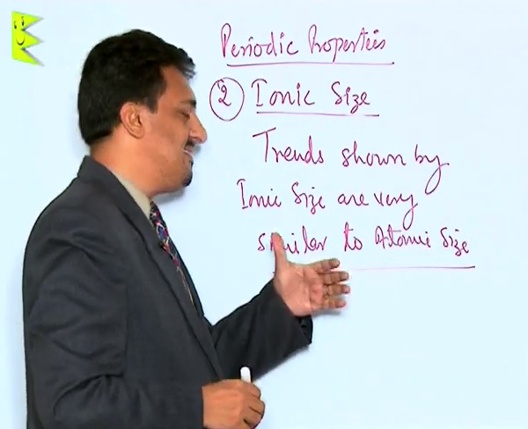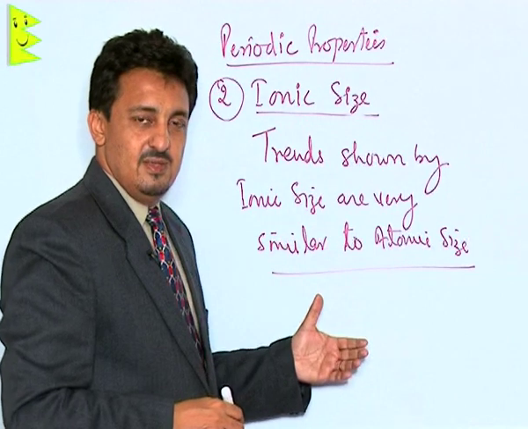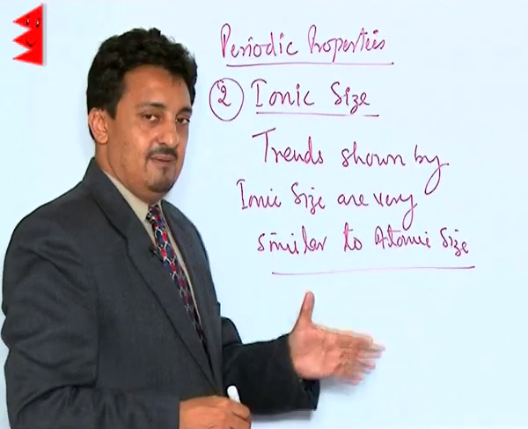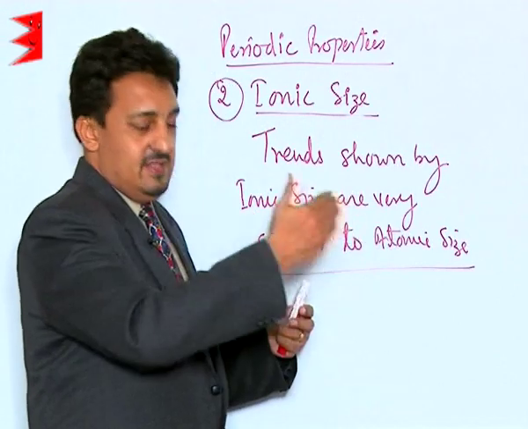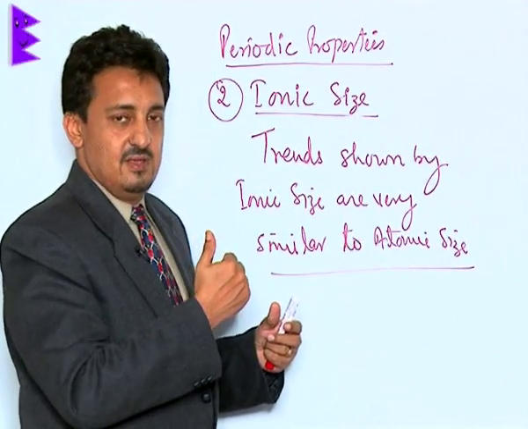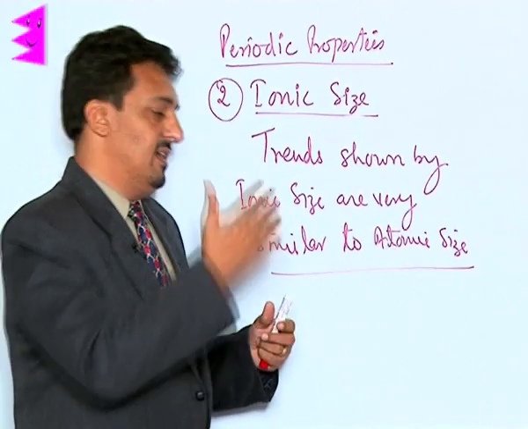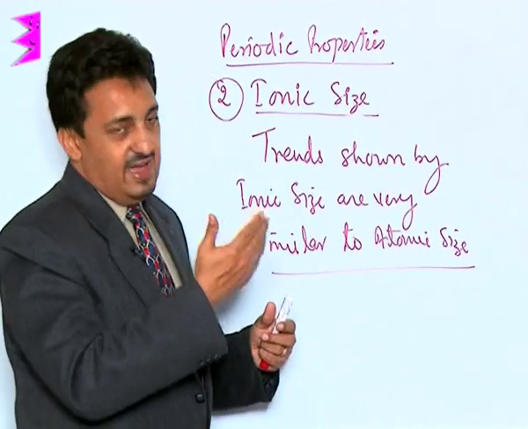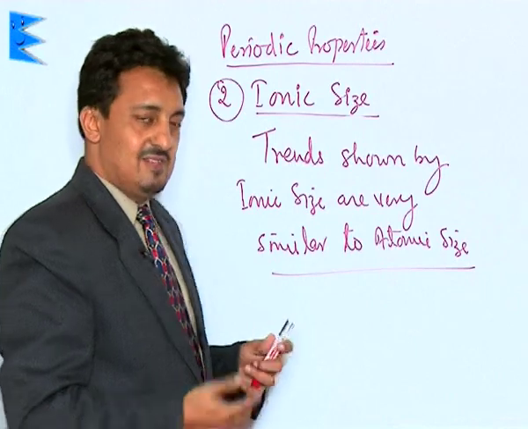We don't find any change in this. It's exactly the same. What trends? Along the period, the ionic size decreases as the atomic size decreases. And along the group, as the atomic size increases, ionic size also increases. So the trends are the same.